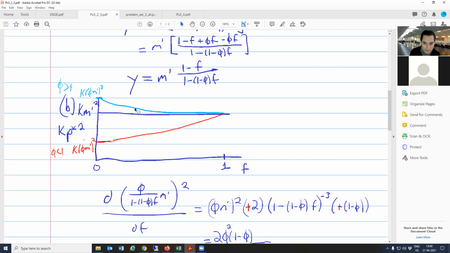Now, what if we're at that point where the cost is exactly equal to the benefit? Well, then firms are indifferent between changing and not. So actually here, that is an equilibrium. I don't care whether I change or not. So you can just set the number of firms that change their price to be in equilibrium.